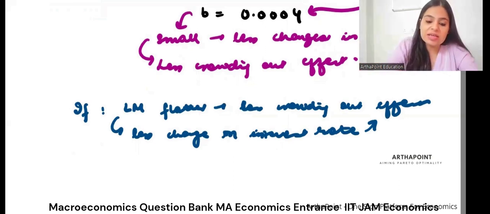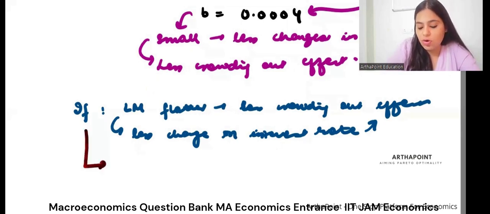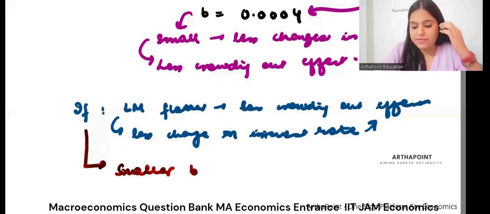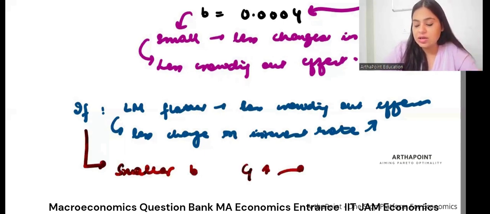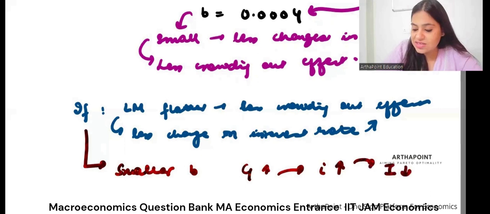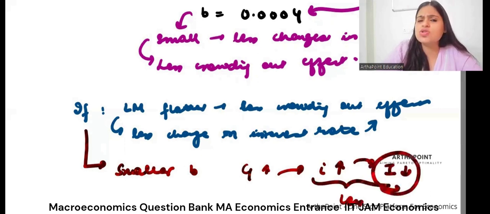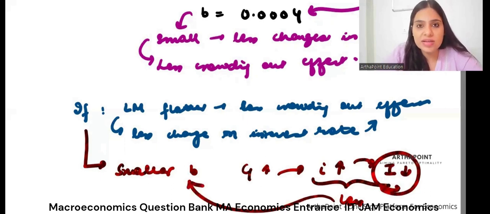The second thing here is that if there is a smaller B, then when G increased, investment decreased because interest rate increased, but this is less because investment was not very responsive to the interest rate because of low B. Are you getting it?